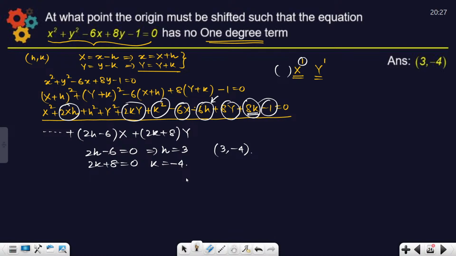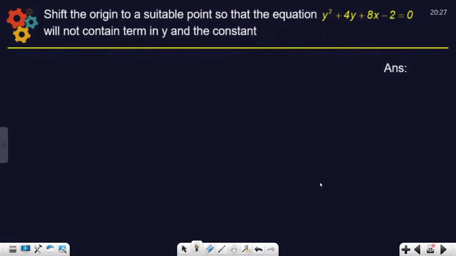Now let us move to the next problem. See this question. The question is, shift the origin to a suitable point, meaning the origin has been shifted to, let us say, (h, k), so that the equation will not contain terms in y and the constant.